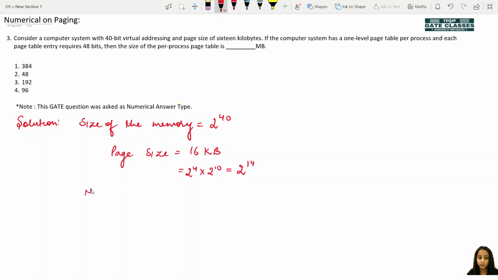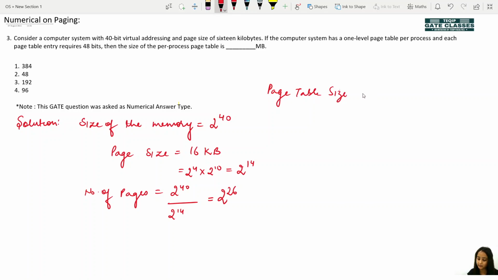First I can find the number of pages here. How can it be found? The size of memory divided by the page size, that is 2 raised to power 40 divided by 2 raised to power 14, which is 2 raised to power 26. Now I have to find out the page table size.